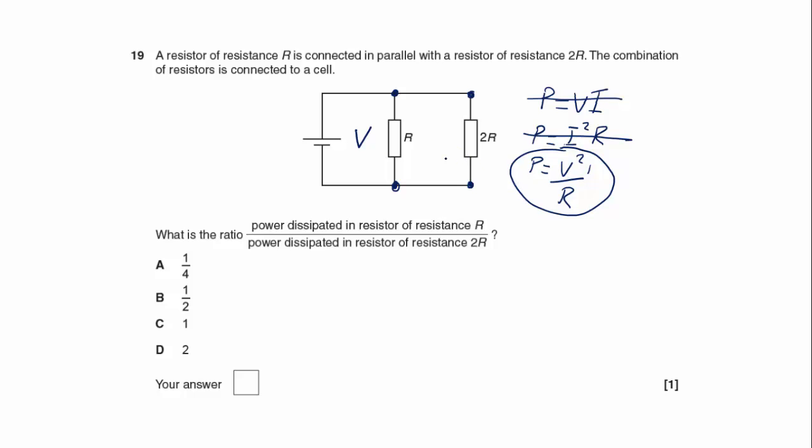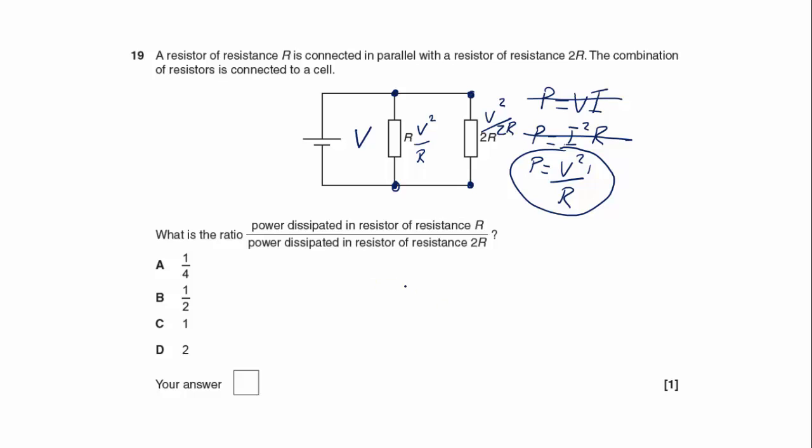So if we assume that the EMF of the cell is V, we can say that the power of this one is going to be V squared over R, and the power in our second one here is going to be V squared over 2R.